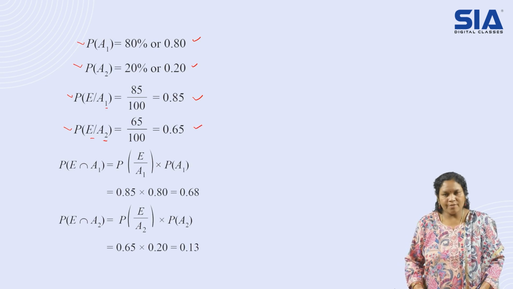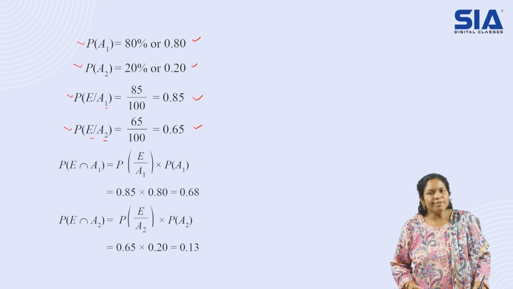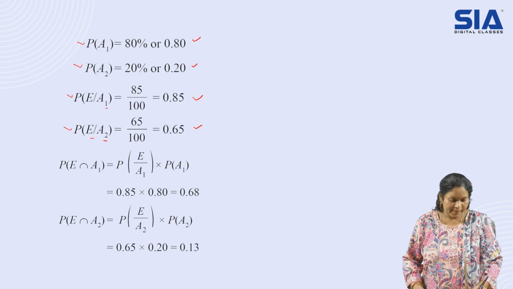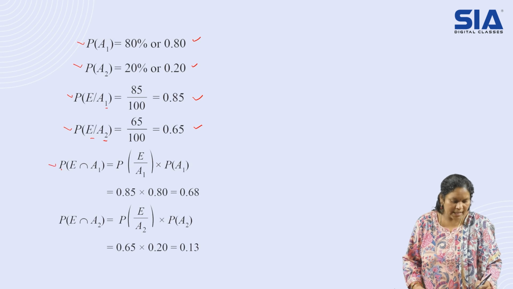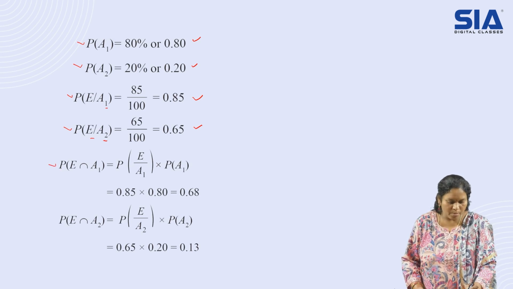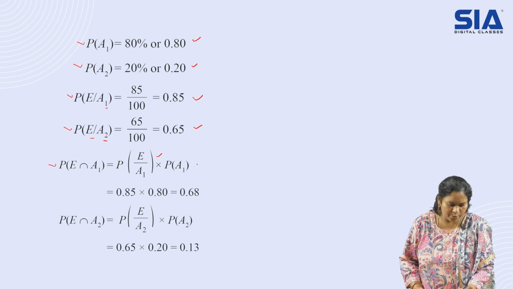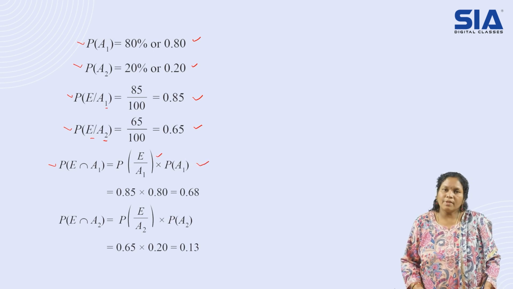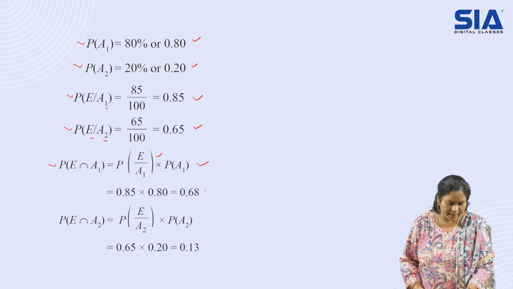Now I have all the information. Now let us try to get, using Bayes theorem, how the quality levels are there. Probability of E intersection A1 is the probability of E by A1 into probability of A1. Multiply both values we have and get the answer.